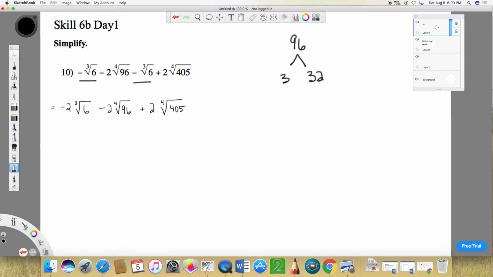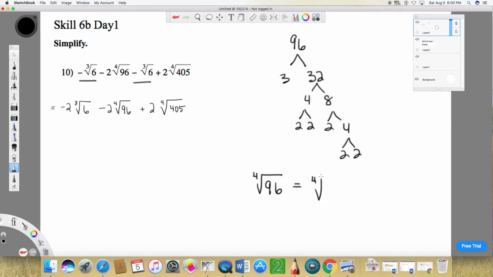And we've looked at 32 enough now that you probably can say, well, that's 2 to the 5th power. If not, then we'll just keep going. And there's our 5 factors of 2. But remember, we're looking for groups of 4. So we're looking to break down the fourth root of 96.